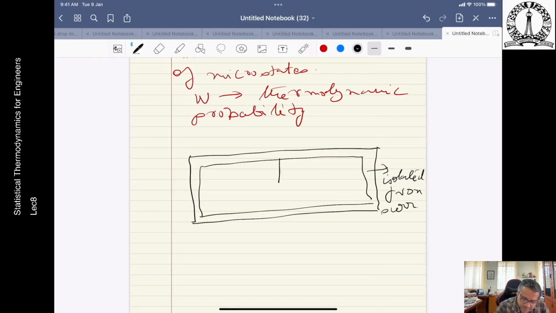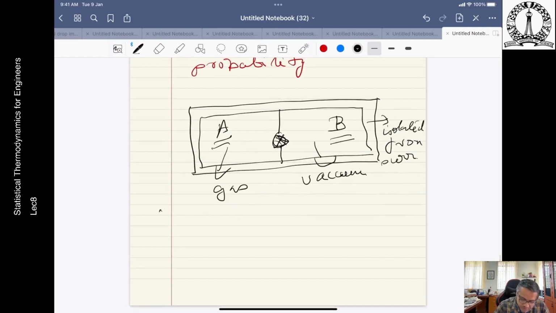So this has got a valve. There is a part of the chamber A and there is a B. A has got a gas, B is vacuum. So this is a valve separating chamber A from chamber B, and there is a gas in chamber A. So when the valve is opened, what will happen?